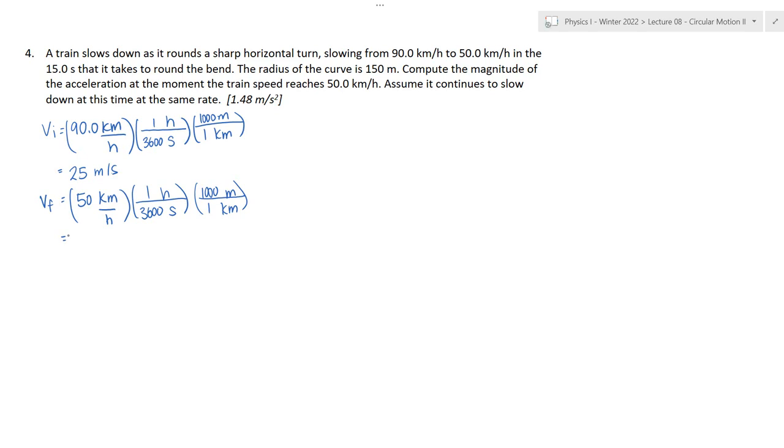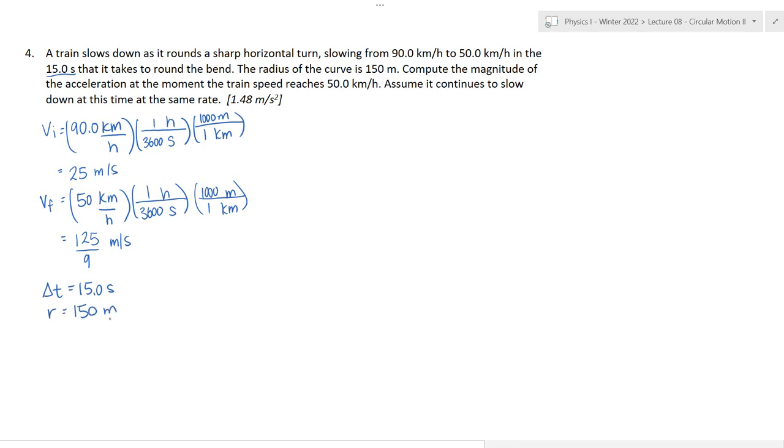And I get 13.888. I'll write it out as a fraction, so I don't have all these rounding errors. 125 over 9 meters per second. Okay, it takes 15 seconds to round the bend, so delta t is 15 seconds. And the radius of the curve is 150 meters.